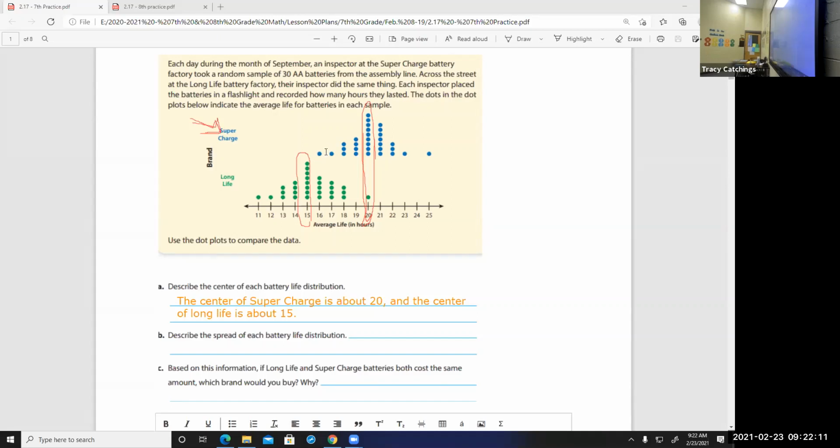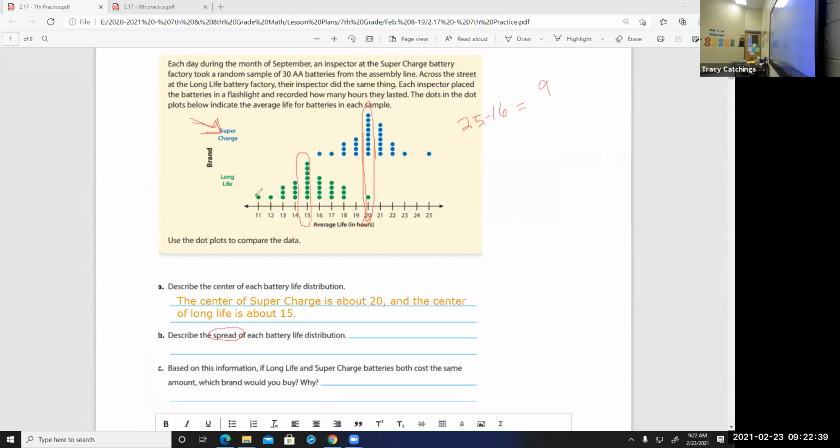Look at blue. Where does blue start? 16. Where does it end? Find the range, because remember that spread is only your range. It tells you how far apart they are. You said how much? 16 to 25. All right, so that's about 9.